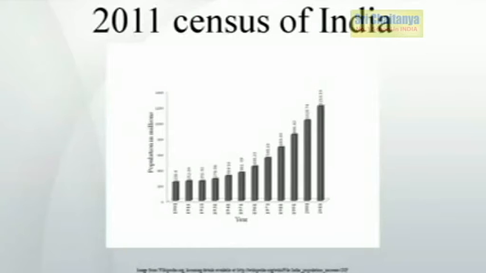The cost of the exercise was approximately 2,200 crore, $370 million. This comes to less than $0.5 per person, well below the estimated world average of $4.6 per person.